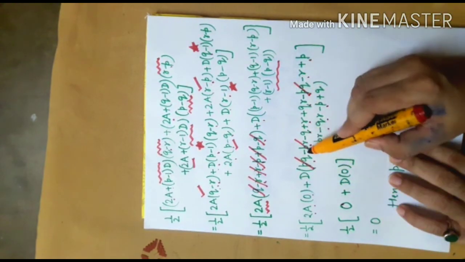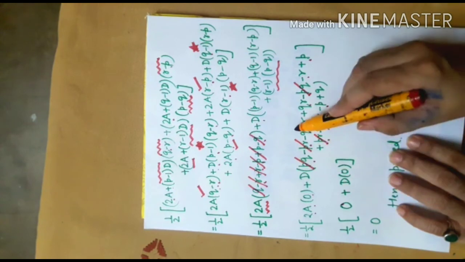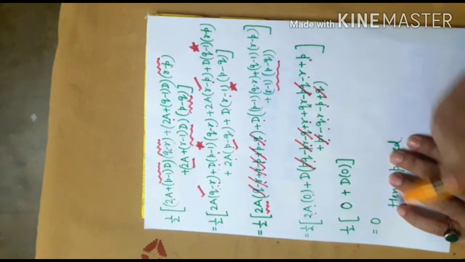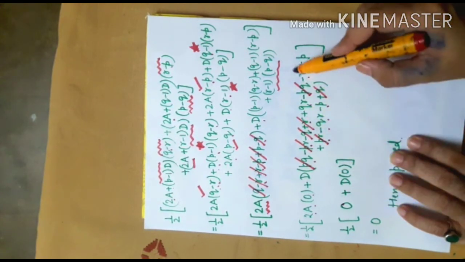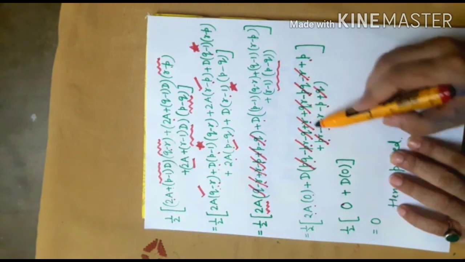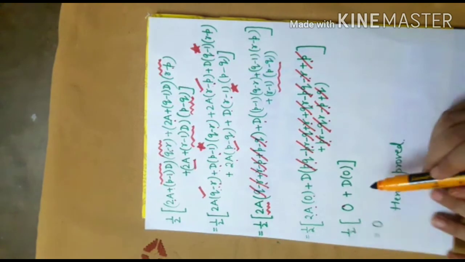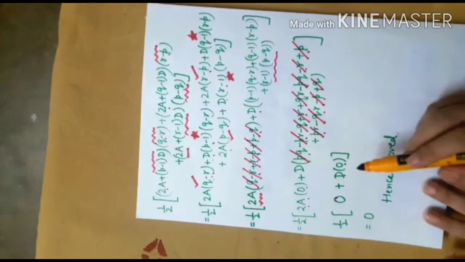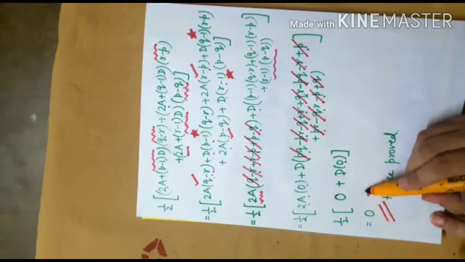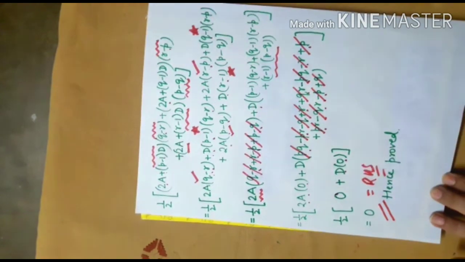Cancel out. Minus PR plus PR, minus Q plus Q, plus R minus R, plus QR minus QR, plus P minus P. So D into 0. So I'll get 0, which is equal to the right hand side, which we wanted to prove.